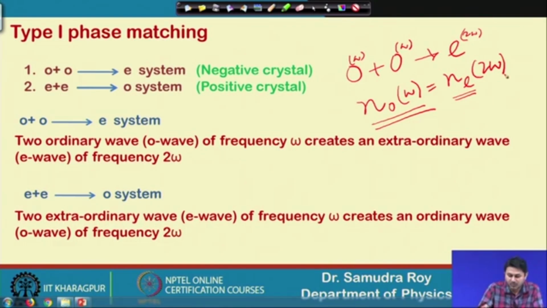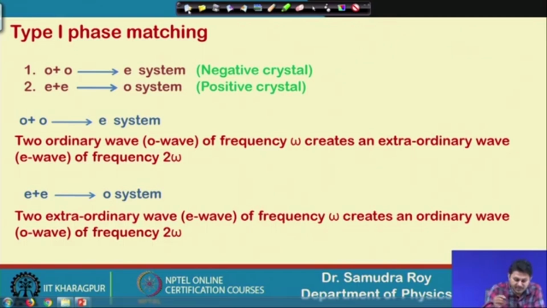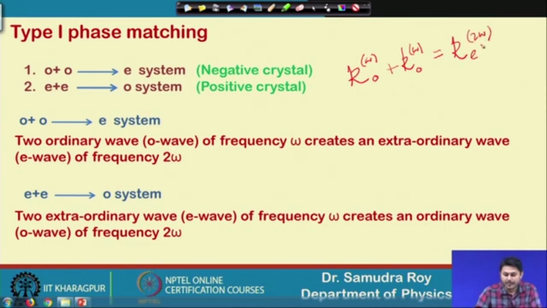This is the process. Let me write in terms of k, I think that will be easier to understand. So, k of the ordinary wave with frequency omega plus k of the ordinary wave with frequency omega can generate k of the extraordinary wave with frequency 2 omega.